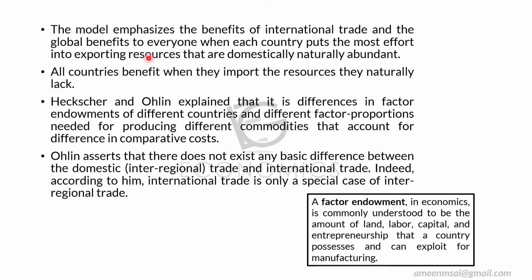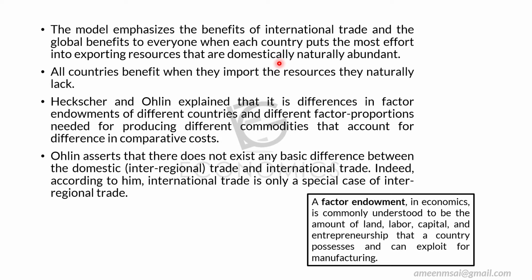The model emphasizes the benefits of international trade and the global benefits to everyone when each country puts the most effort into exporting resources that are domestically naturally abundant. So what does this model say? The model says that by international trade, each and every country can benefit.